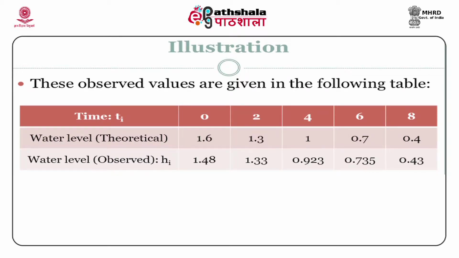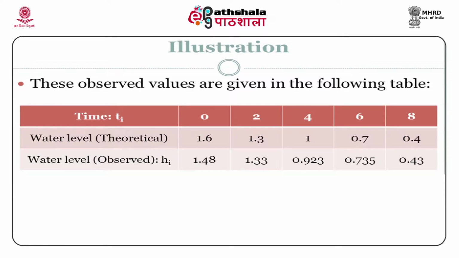Now, because the measuring accuracy of the sensor is 90% and hence observed data is not as accurate as theoretical values, the theoretical estimate can be given by h(t) equal to 1.6 minus 0.15 t.